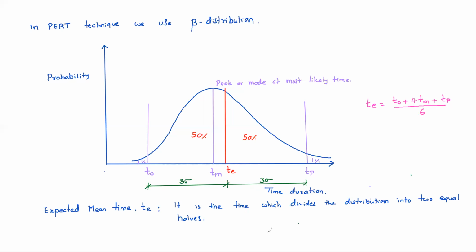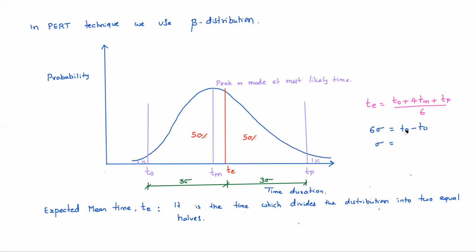Okay. That means 6 times of standard deviation is what? How can you calculate 6 times of standard deviation? Yeah, tell me. 6 times of standard deviation equal to what? TP minus T naught? Yes, sir.